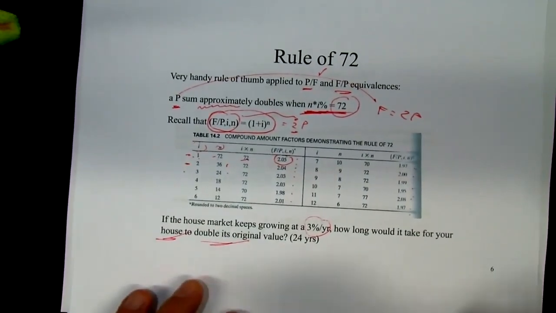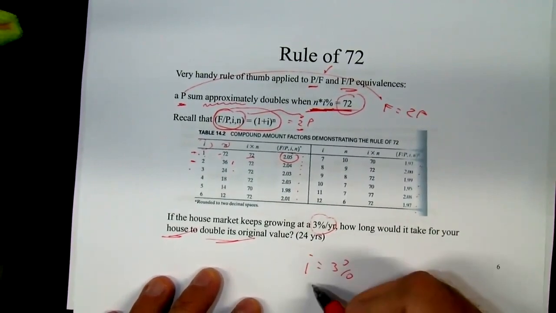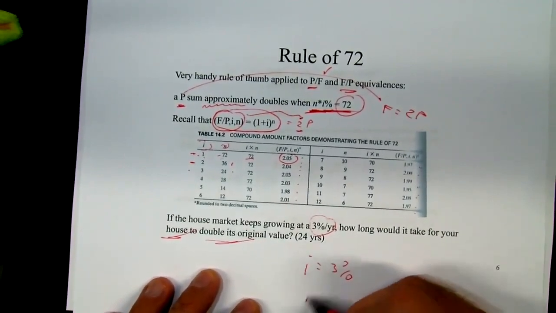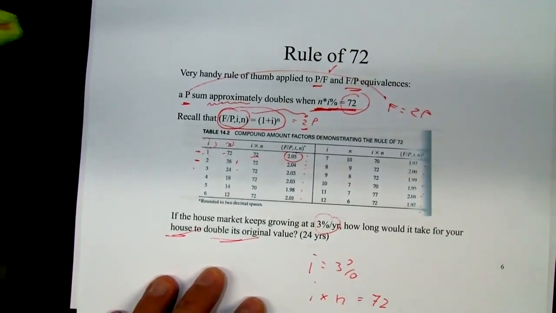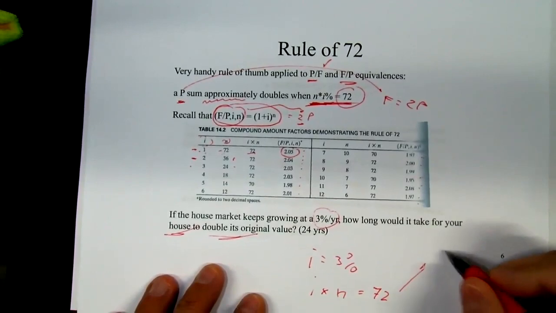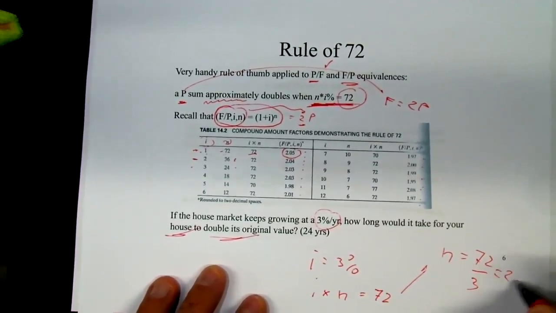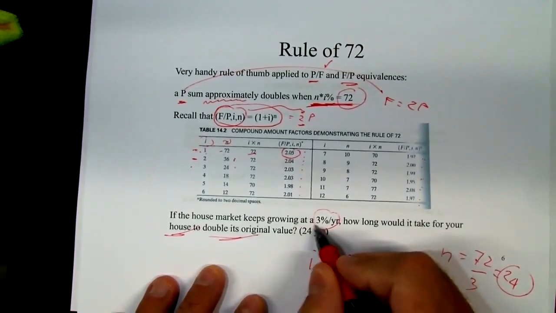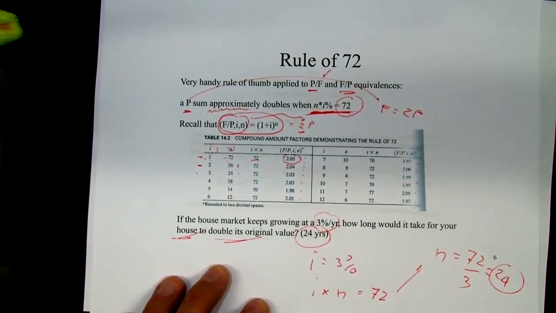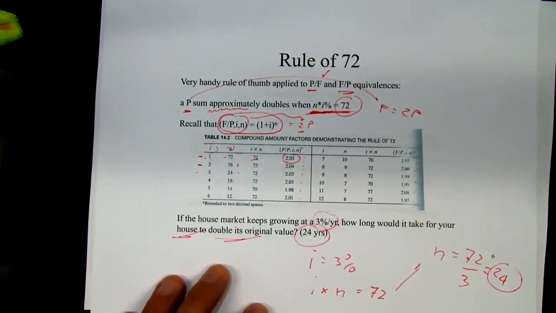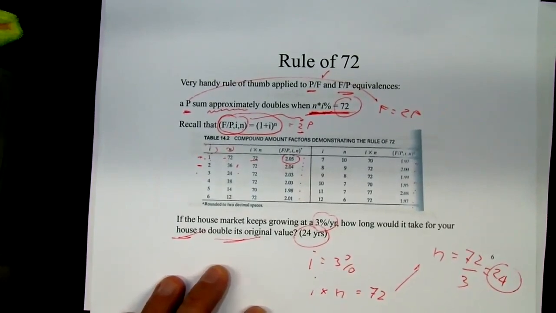Because as we just did, if your I is 3%, the I multiplied by N must be equal to 72. So this is pretty easy to figure out: N equal to 72 divided by 3, which is 24. So 24 years are needed, for this example, for your purchase value of the house to double in value.